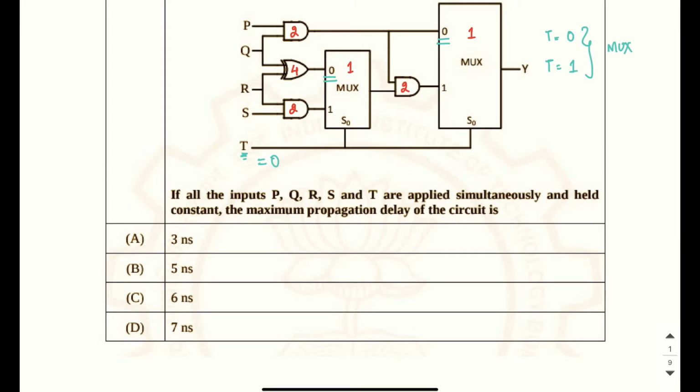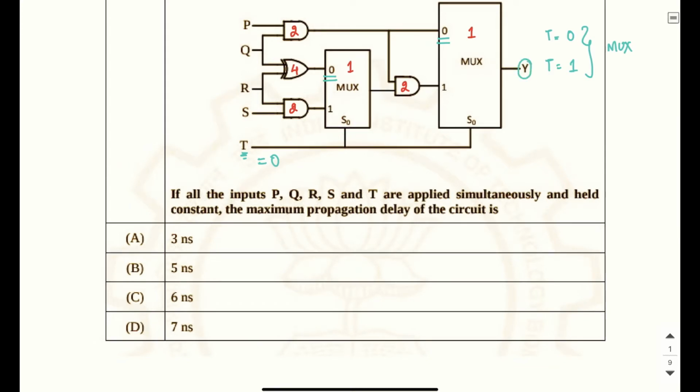If you look at the final multiplexer, which is giving you the main output, the 0th input which will be passed to the output whenever T is 0 is actually dependent only on the AND gate, and that AND gate has a propagation delay of 2.